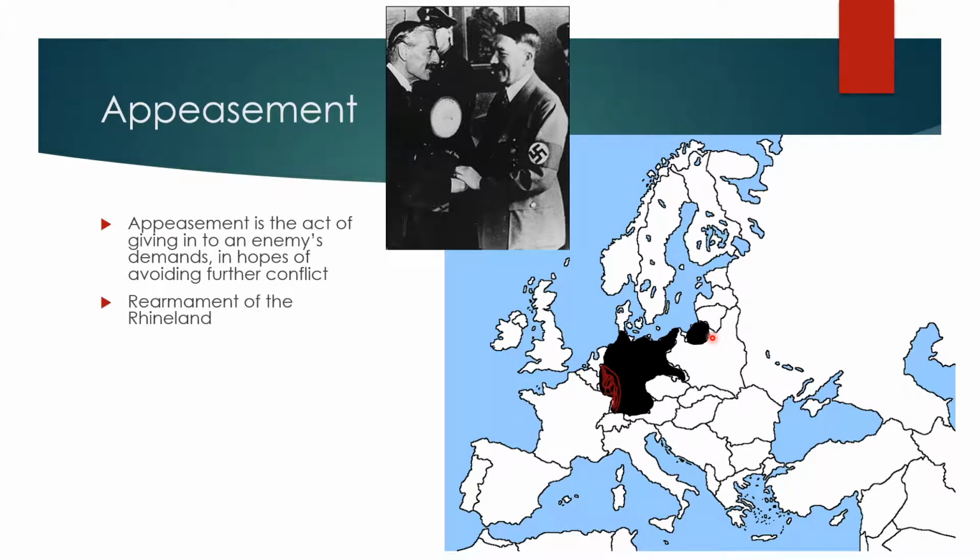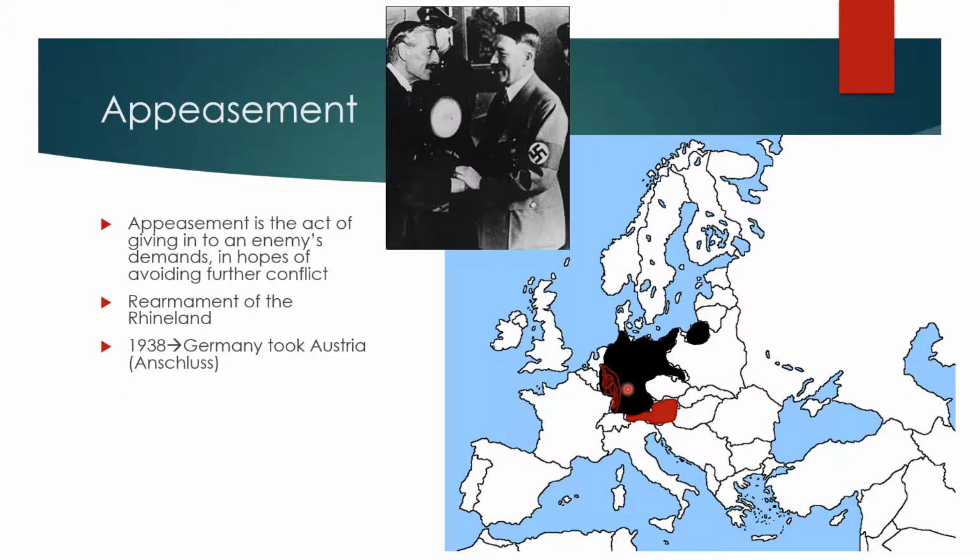And the first thing that he did was he rearmed the Rhineland. The Rhineland is this area in red squiggly lines that separated Germany and France and Germany and Belgium. And it was demilitarized after World War I so that France could feel secure on its western border.